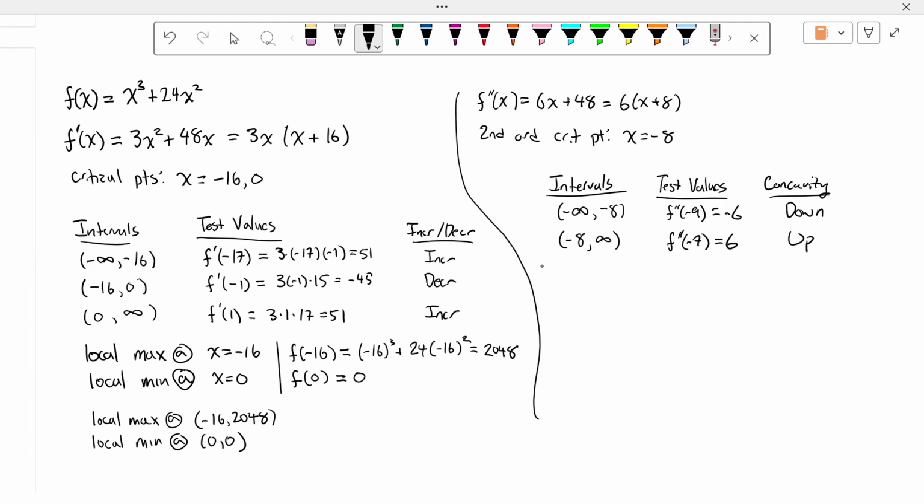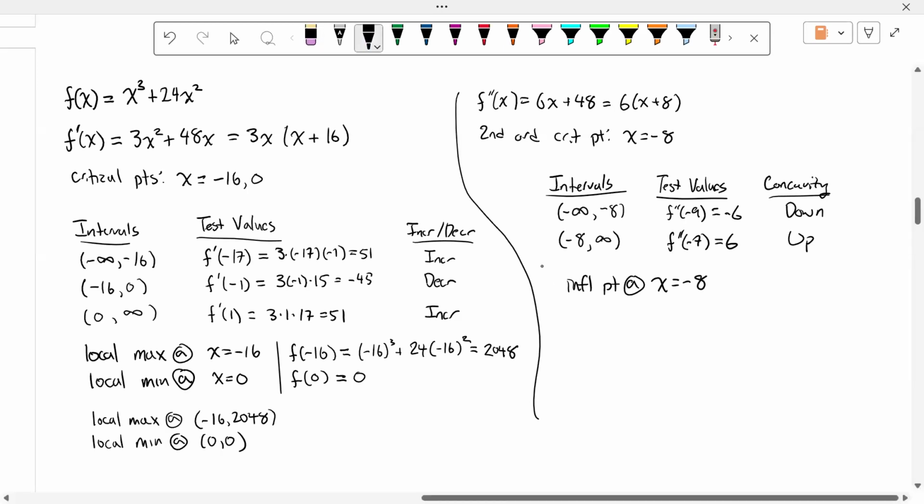All right. Well, I got the following for my intervals of concavity: negative infinity to -8 is concave down, -8 to infinity is concave up. So I've got an inflection point at x equals -8. Now I just gotta plug that in, right, into my second derivative. No, into my original function.